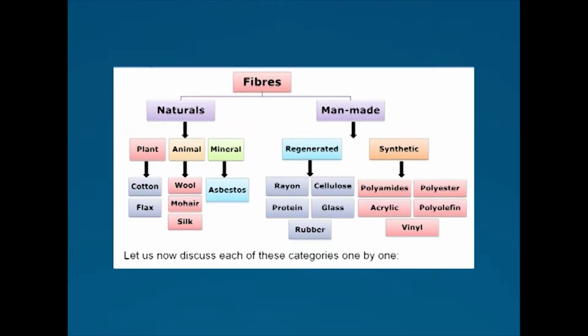Regenerated fibers, examples we can have rayon, protein, rubber, cellulose, glass, while synthetic fibers, polyamides, acrylic, polyester, polyphenol, vinyl, etc. Now, let us discuss each of the above categories one by one.